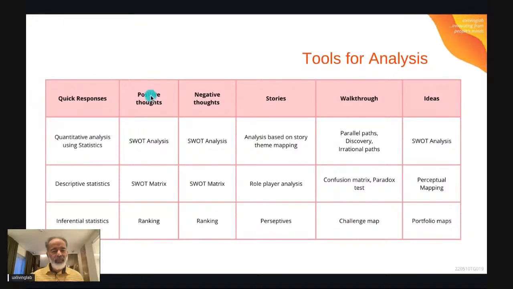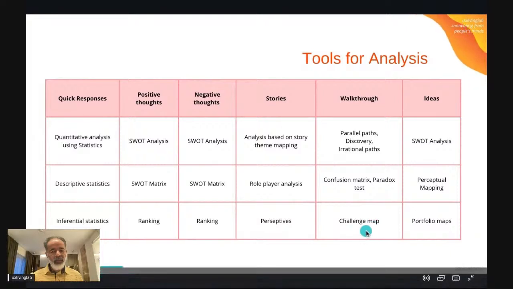Okay, then we come to the positive thoughts. As I said last week, sort analysis, then sort metrics and ranking. Positive and negative thoughts are the same. Then stories, analyzed based on story theme mapping, role player analysis, perspectives, walkthroughs, parallel path, discoveries, irrational path, confusion metrics, then paradox text, then challenge map, idea, sort analysis, perception.